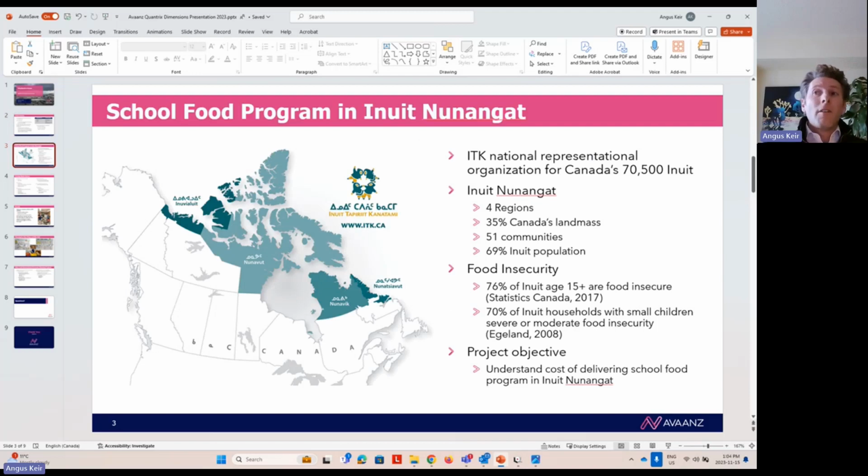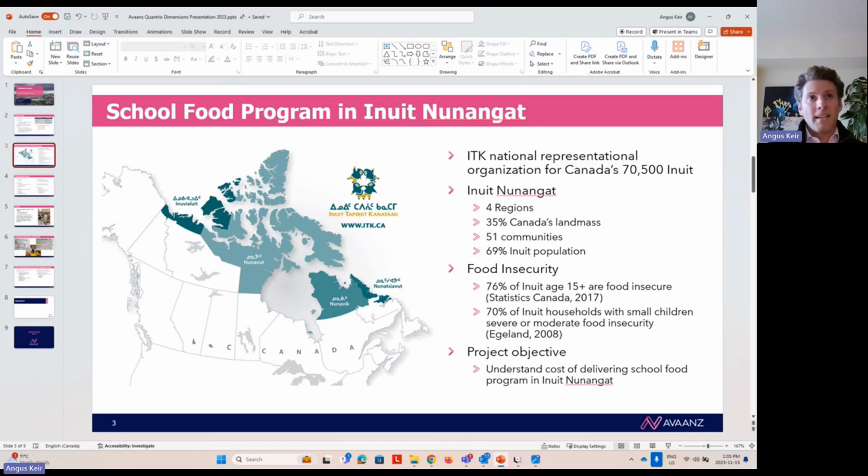Avaanz has done a lot of work with ITK. ITK stands for Inuit Tapiriit Kanatami, and this is the national representational body for Inuit in Canada. What I have here on the left-hand side is a map of the traditional areas for Inuit. So Inuit Nunangat is comprised of 4 regions.